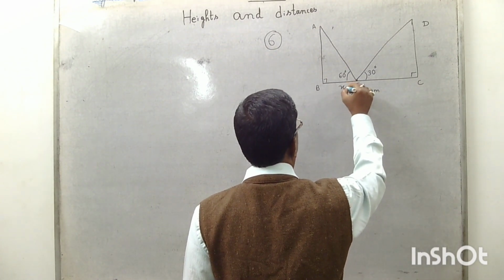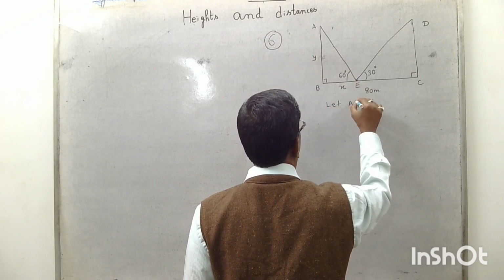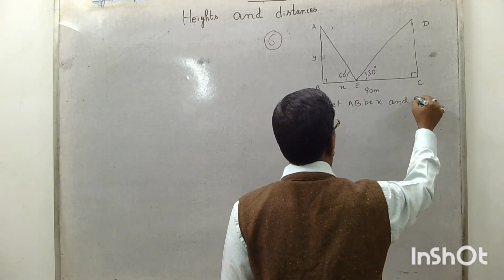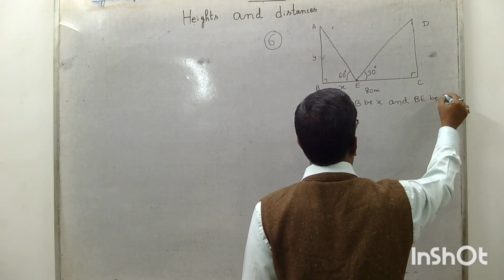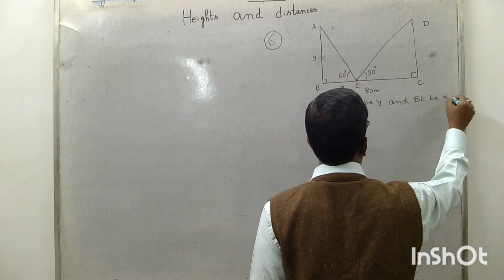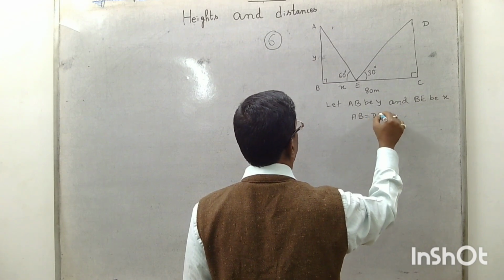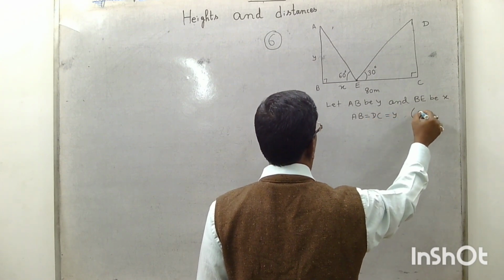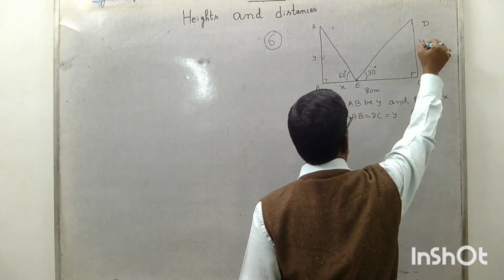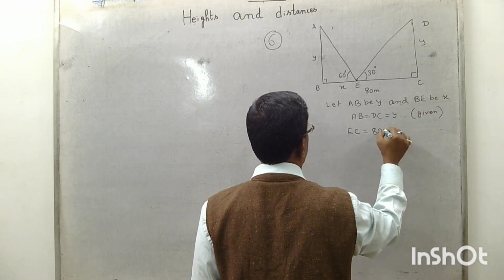Let AB be Y and BE be X. Now AB equals BC, it equals Y, given, so this is also Y. EC equals 80 minus X.